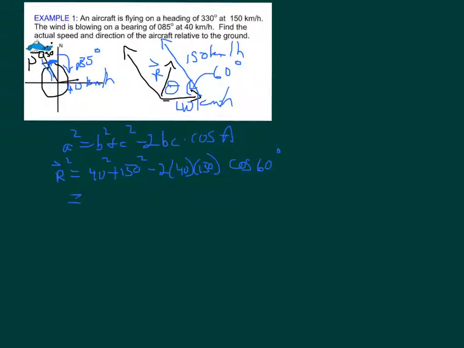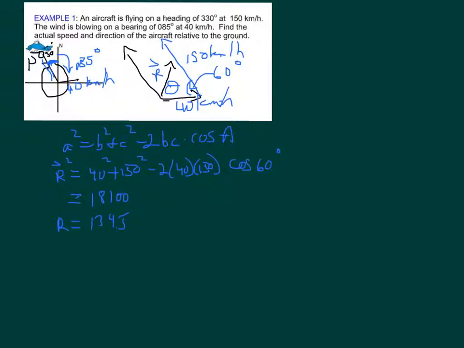If we work that out, then r squared is equal to 18,100. So r, the magnitude of our resultant vector, is approximately 134.5. So that's the magnitude of our resultant vector.